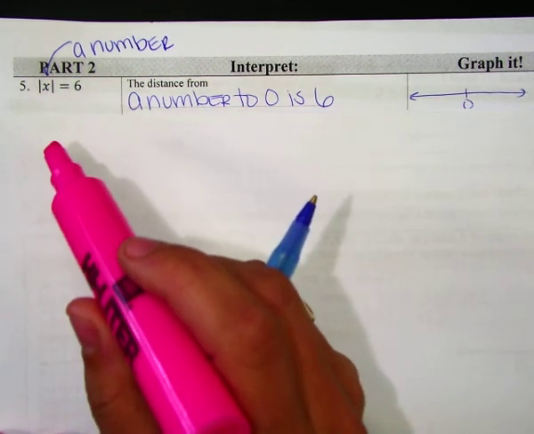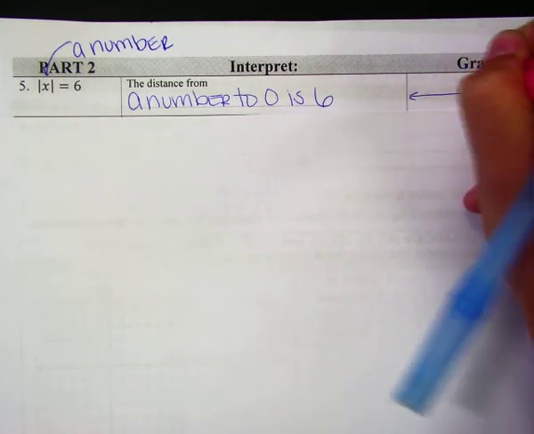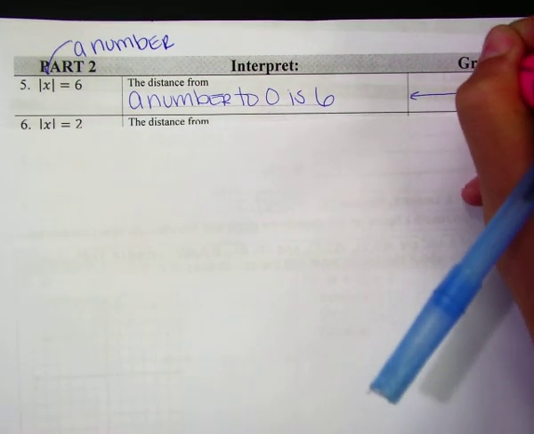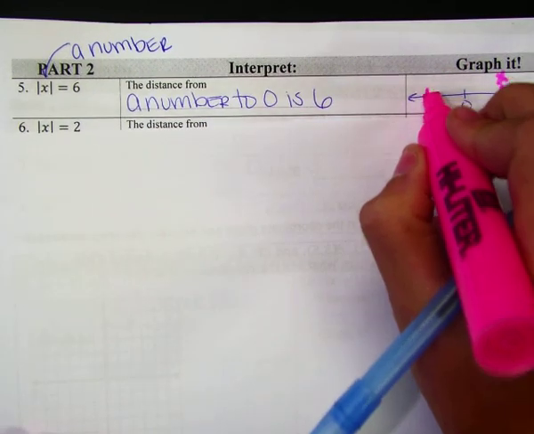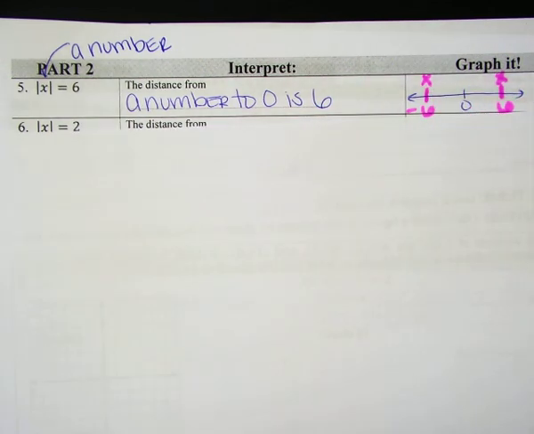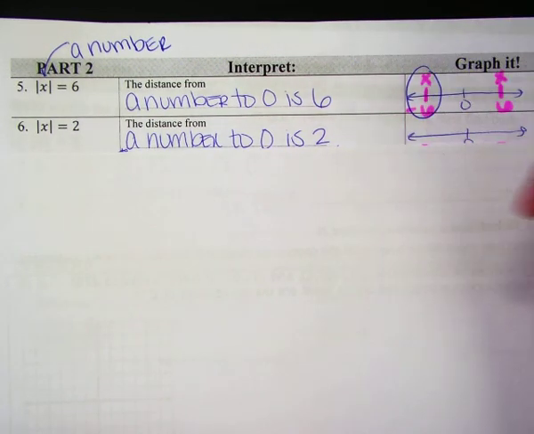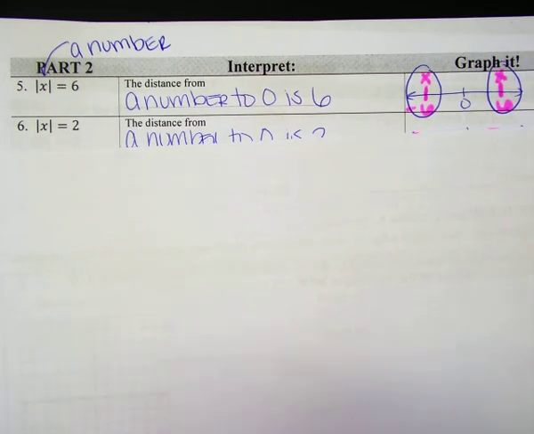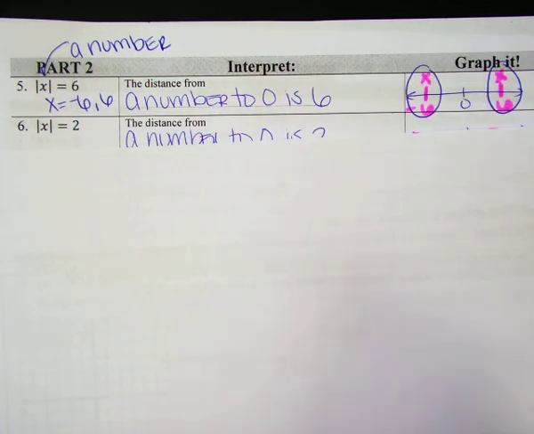So it's telling us where it is. If we look on our number line, there could be an x over here at +6, that's 6 units away. Could be a number over here at -6 because that's also 6 units away. So there's actually going to be two answers to this. X could equal -6 or x could equal +6. Again, because both of those are 6 units from 0.